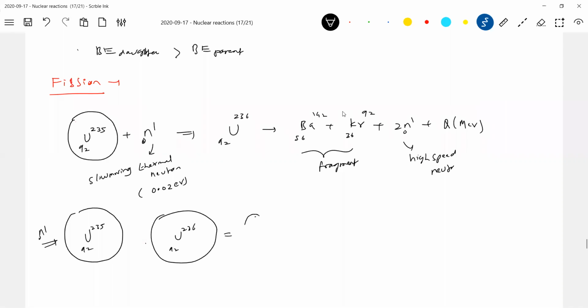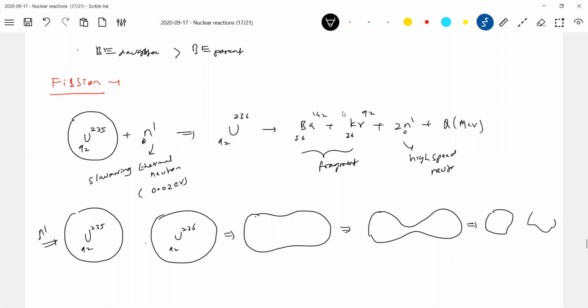Gradually the shape changes, and finally it breaks up into fragments. You can put barium, krypton.